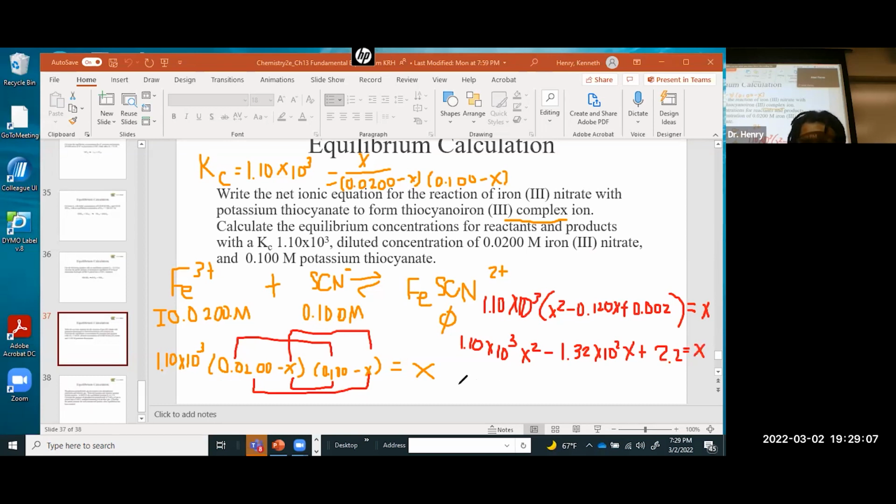So then we end up with 1.10 times 10 to the third x squared minus 1.33 times 10 to the second power x plus 2.2 equals 0.